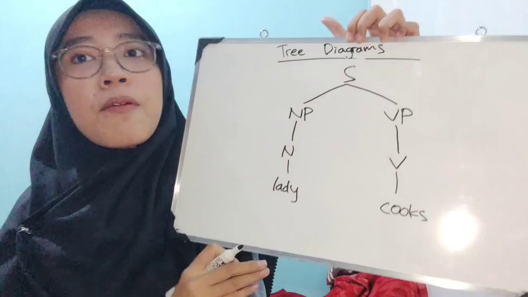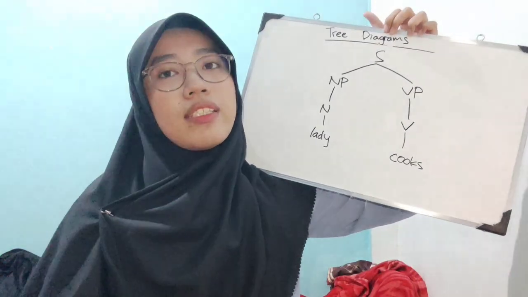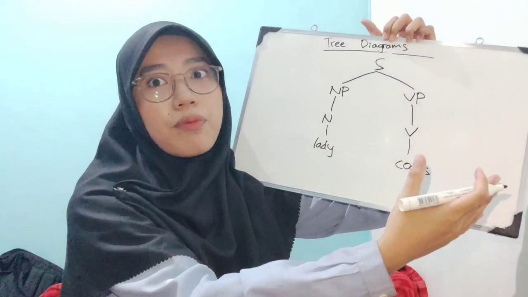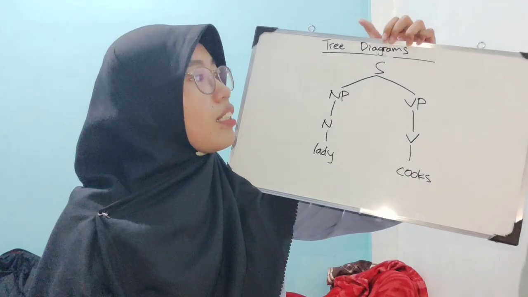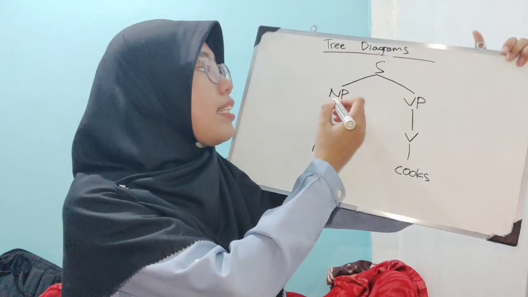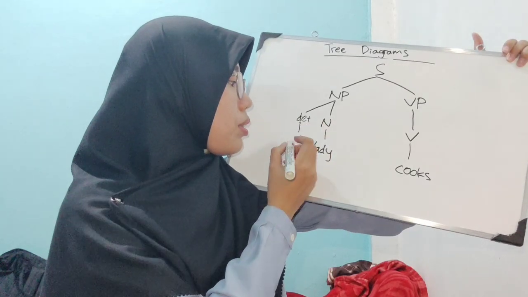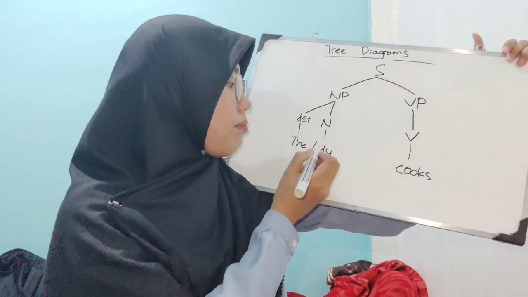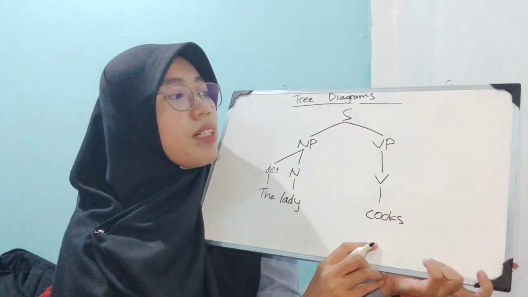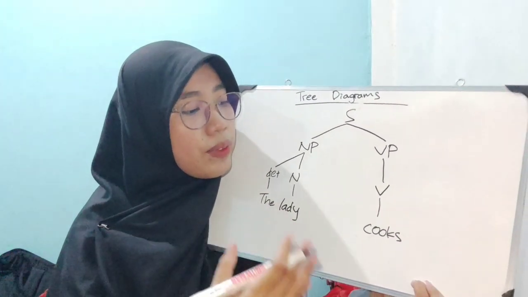But if you want to make it more specific, you can choose first which one you want to make more specific, the noun phrase or the verb phrase. I want to make it specific on the noun side. So first we add a determiner in the noun phrase. The determiner that I chose is the word the. The lady cooks. And then I want to make it more specific what the lady cooks.